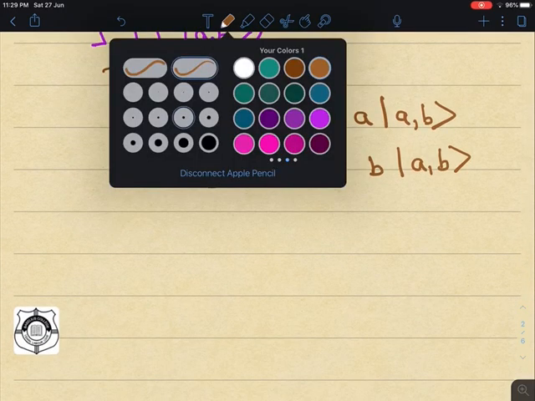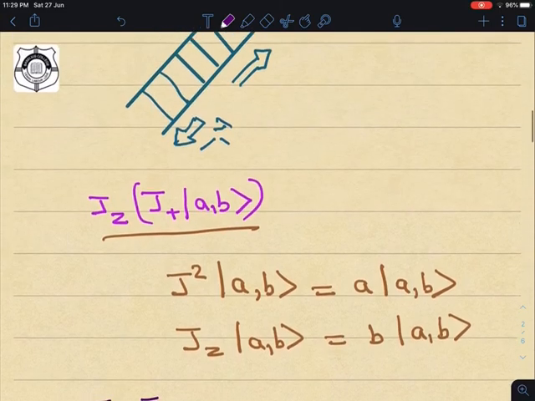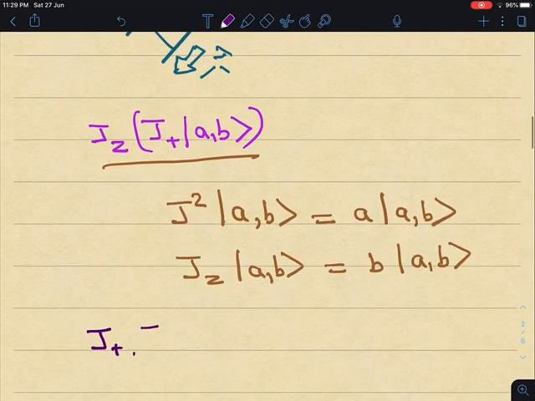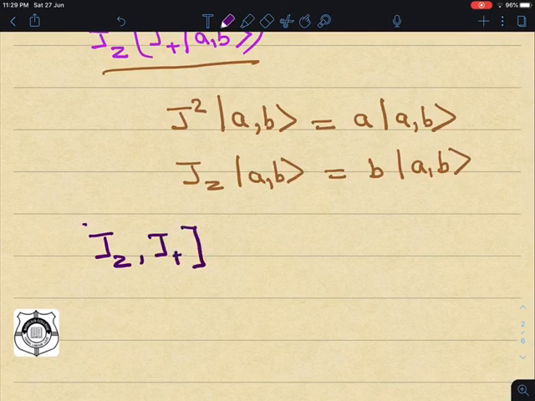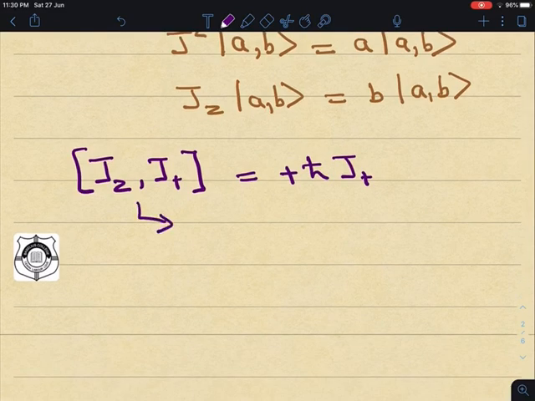So here we take into consideration Jz and J plus commutation, and we have got it as plus h cross J plus.